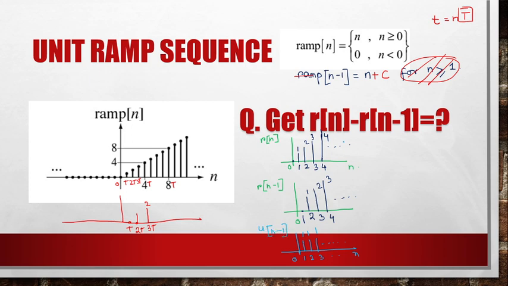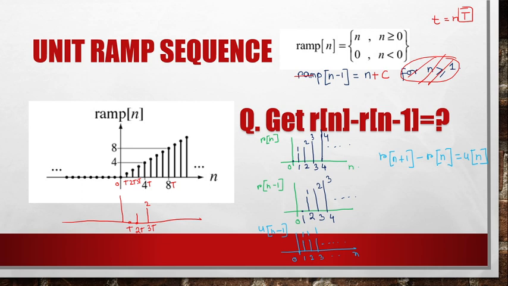So if you take the difference between a general ramp and a ramp shifted by 1 unit, you will get a step signal shifted by 1 unit. You can also write it this way: r n plus 1 minus r n will also give you a step signal, but it will be like this.